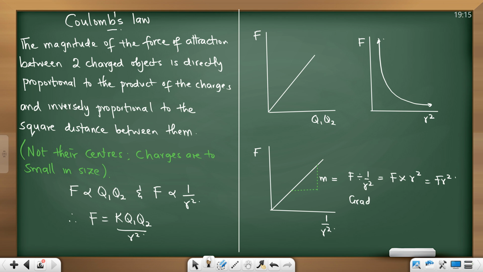Quickly, some mathematics: our gradient is F r squared, so our gradient is k Q1 Q2. Very important. Quickly write this; I'm going to explain what I wrote down there. I didn't want to forget, that's why I went ahead to write it for you.